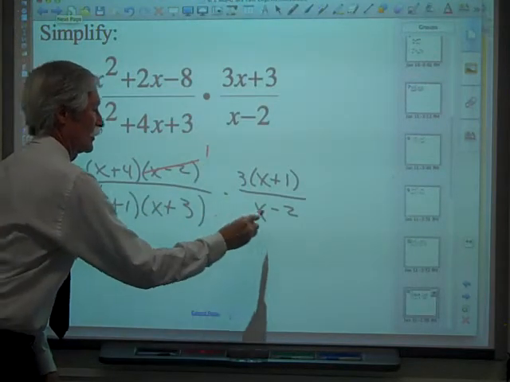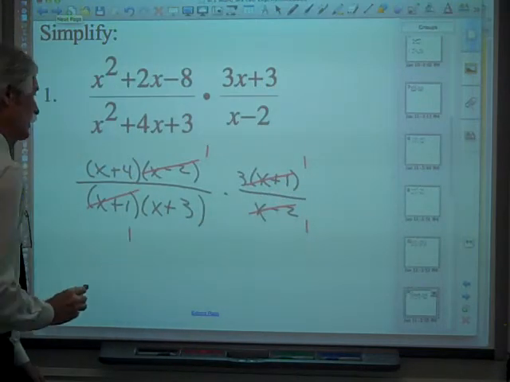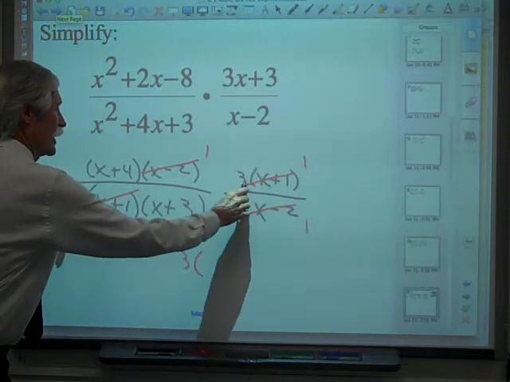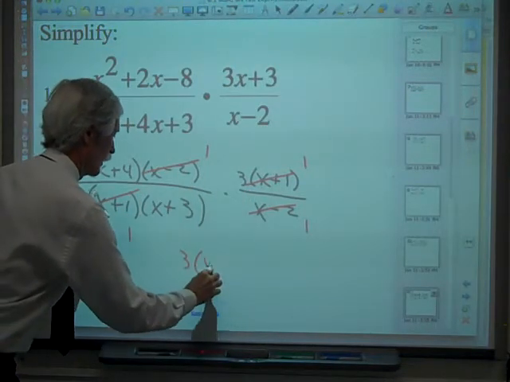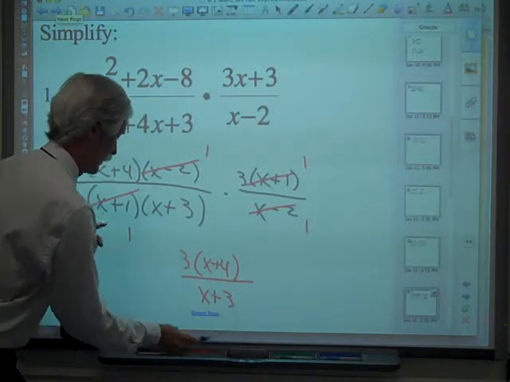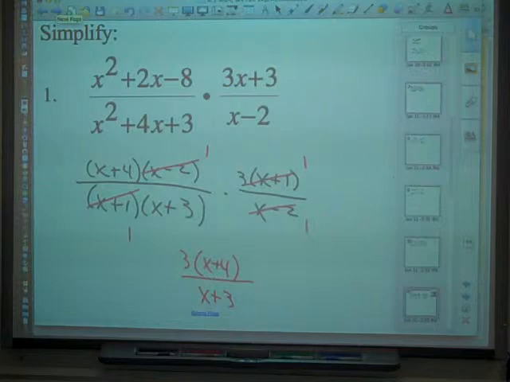X minus 2 with x minus 2. X plus 1 with x plus 1. What's left is 3 times x plus 4 over x plus 3.